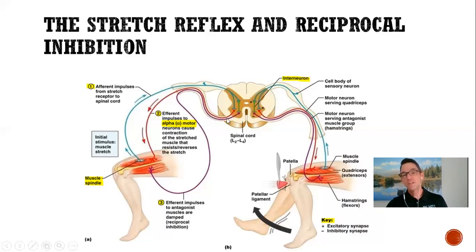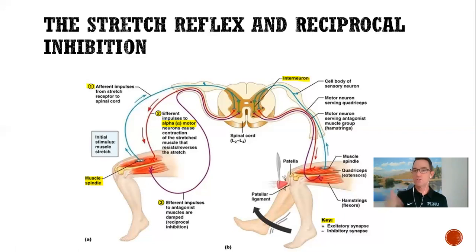So this stimulus right here is a negative stimulus, an efferent impulse to the antagonist muscle. It's dampened, and the signal from the spinal cord to the hamstring, you all know this, is chill out, do not contract, right? Well, what's the importance of that? Efficient movement, right?